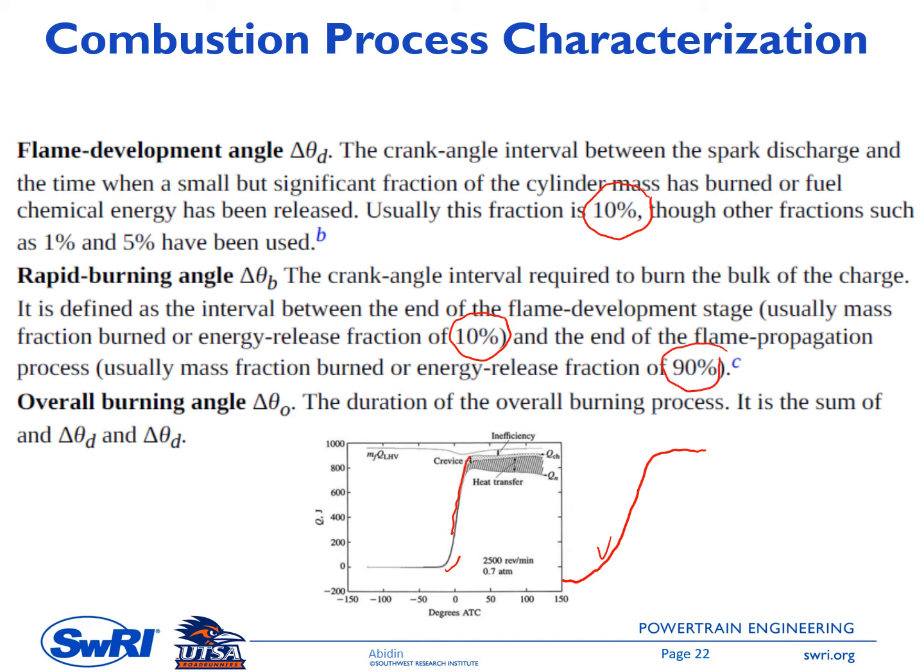Sometimes we write it as MFB 10-90, and this one is MFB 0-10. Okay, the next one is the overall burning angle, delta theta o. This is the duration of the overall burning process. It is the sum of delta theta d and delta theta b. This one is b. I think there's a typo in the book here.